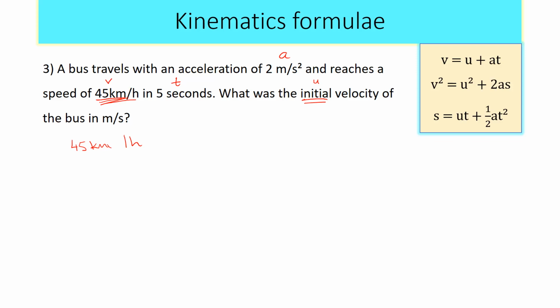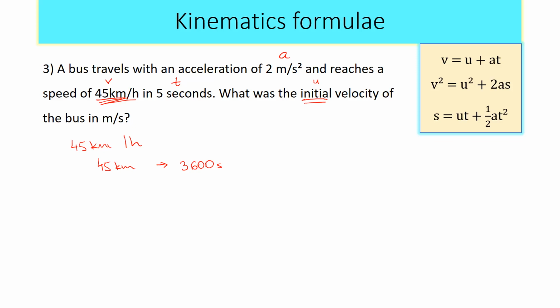Now, because we want to convert it into seconds, you need to think about how many seconds there are in 1 hour. So 45 kilometers is covered in 3,600 seconds, because this is how many seconds we have in 1 hour. So 45 kilometers per hour is 45 kilometers per 3,600 seconds.